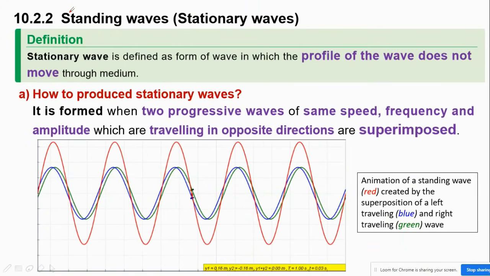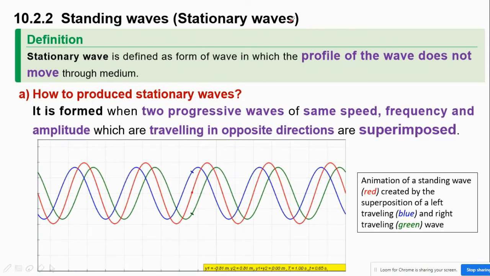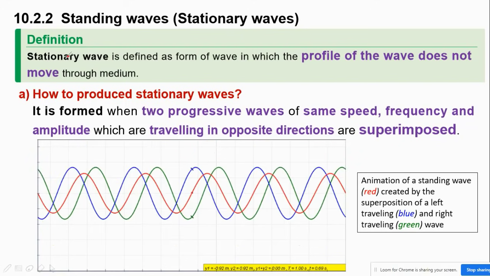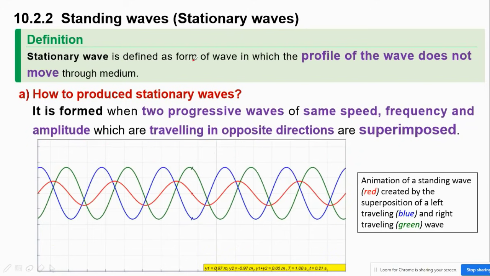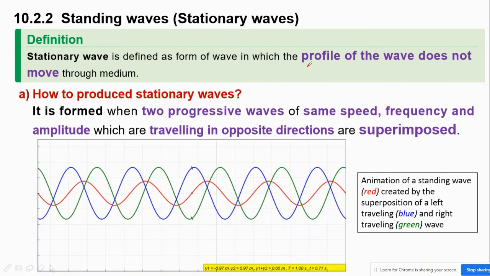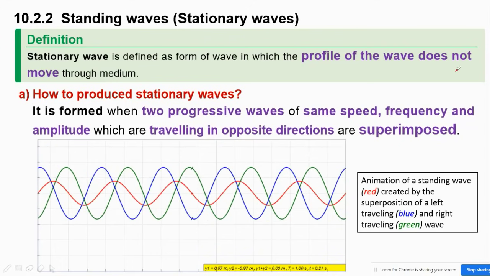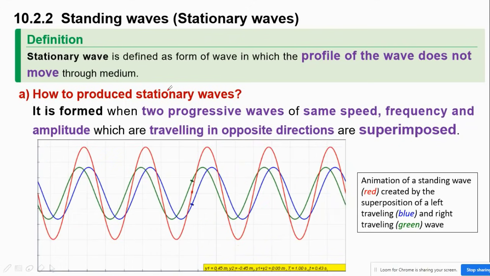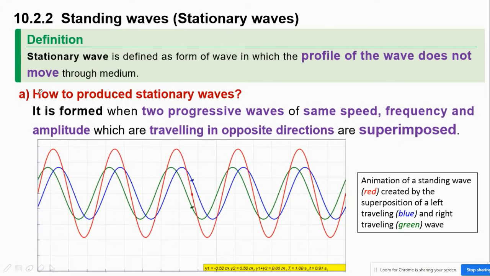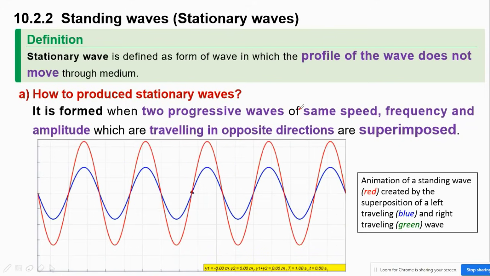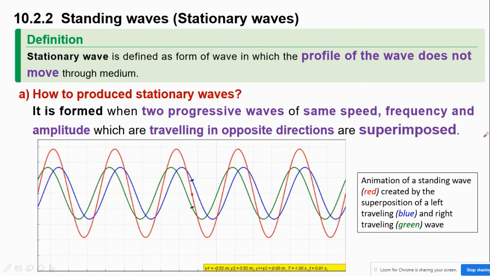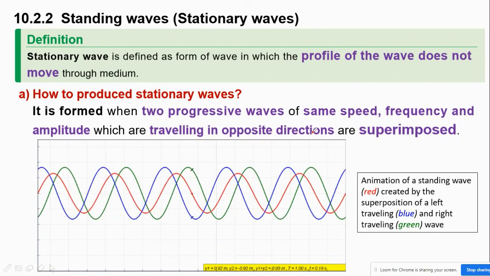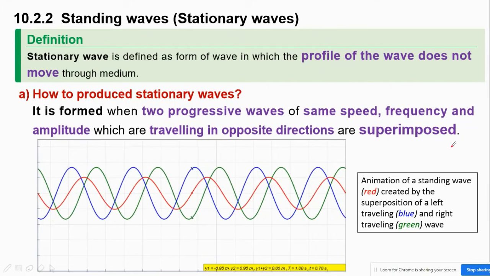Next, we have the standing wave or stationary wave. The standing wave or stationary wave is defined as a form of wave in which the profile of the wave does not move through the medium. A stationary wave is formed when two progressive waves of the same speed, frequency, and amplitude, which are traveling in opposite directions, are superimposed.